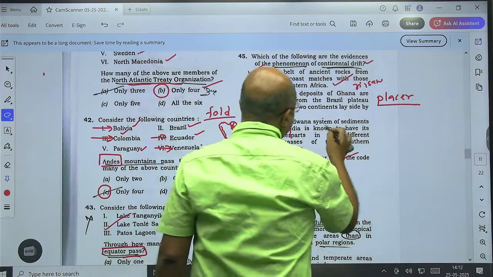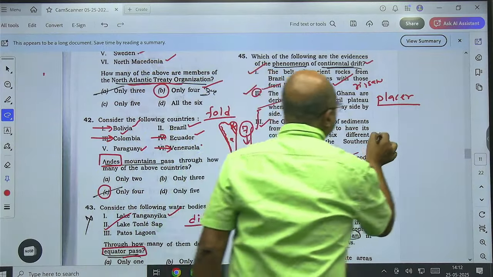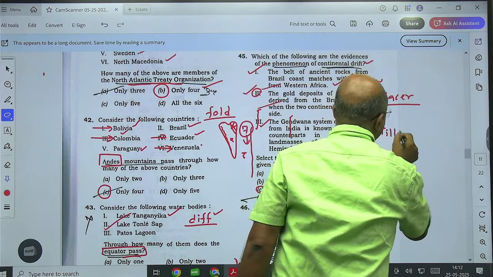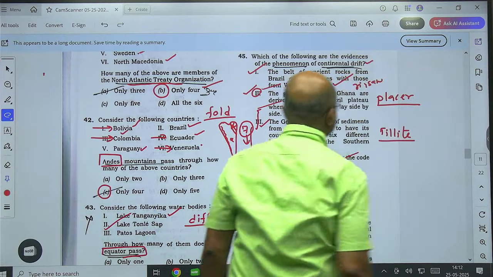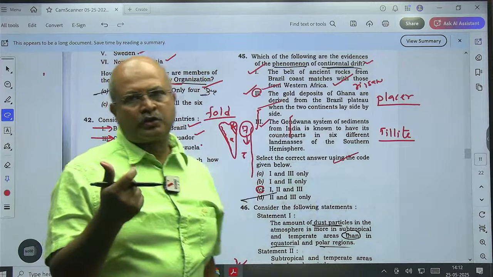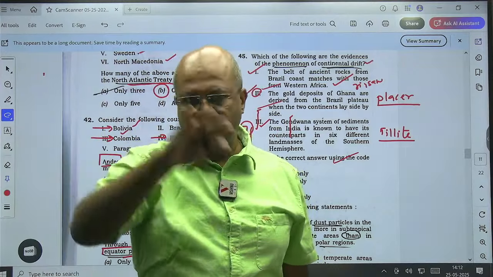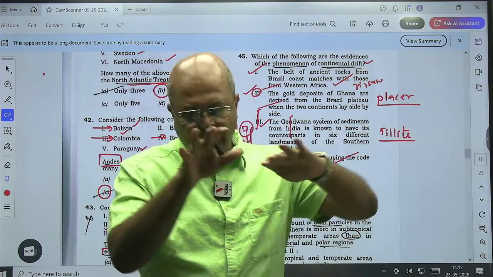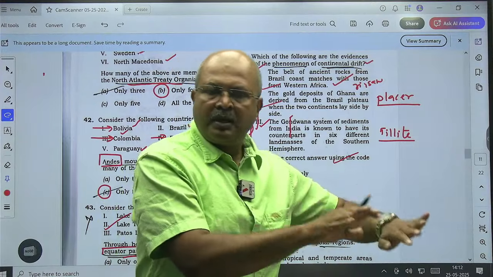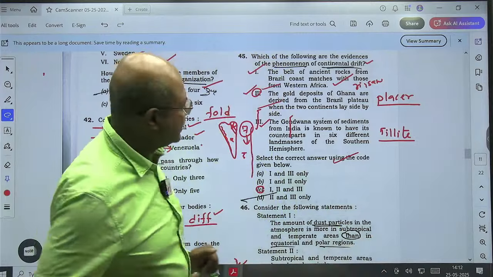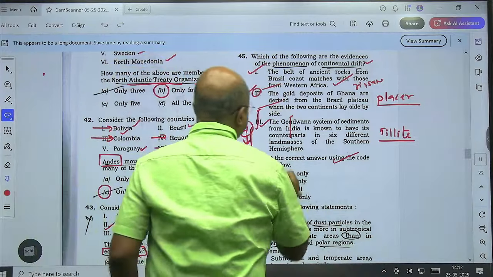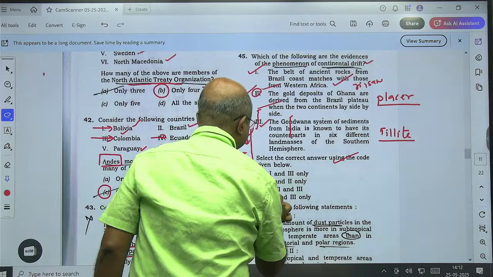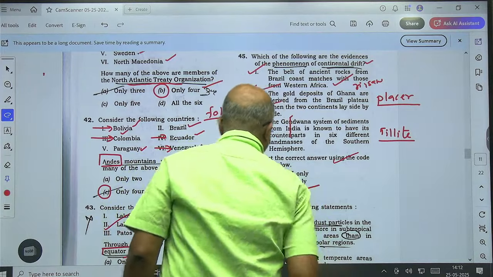Then the Gondwana systems, we refer to this as tillite deposits. The sedimentary rocks of glacial ages we find in Gondwana, that is the peninsular part of India, in Madagascar, and other parts of the southern regions. So hence all the 3 statements are correct here.